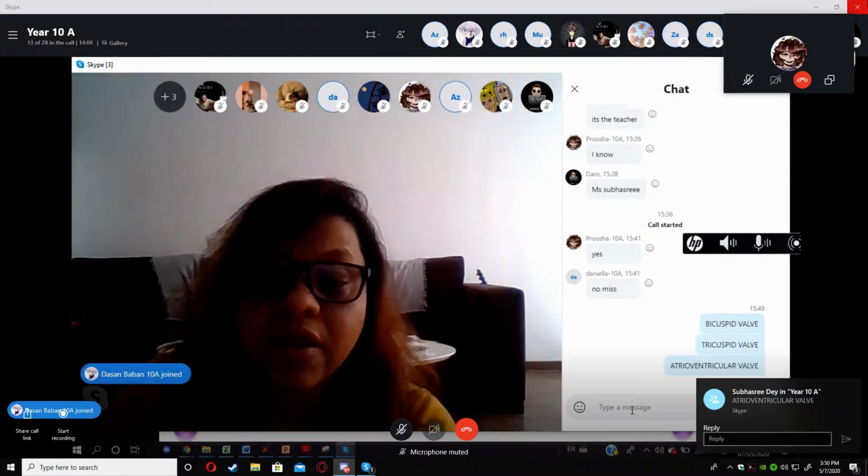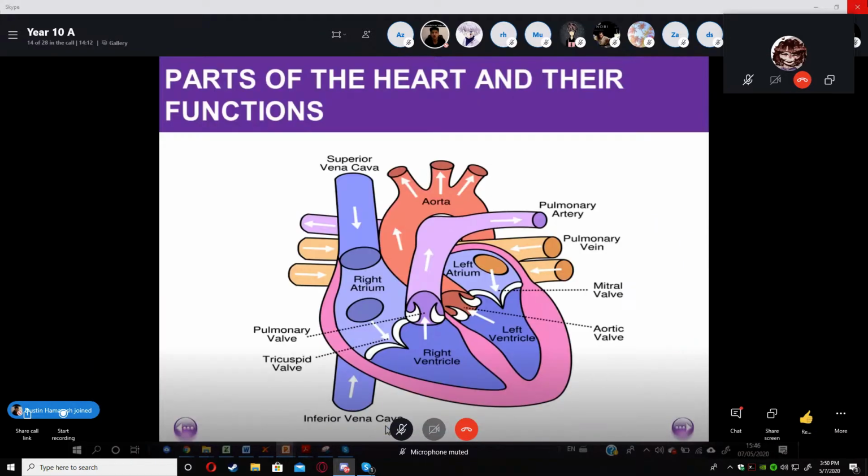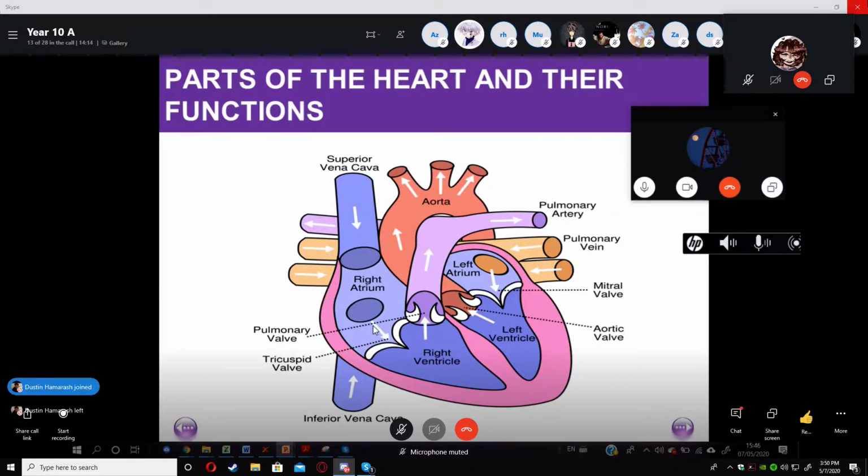Atrioventricular valve. And how many atrioventricular valves are present? There are two, two AV valves, all right? One is between left atrium and left ventricle, which is called bicuspid, and the other is between right atrium and right ventricle, which is called tricuspid valve. Clear? Okay.